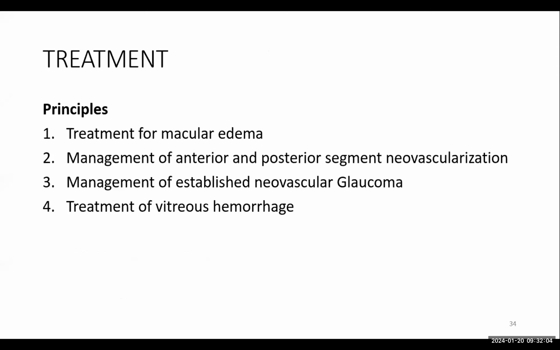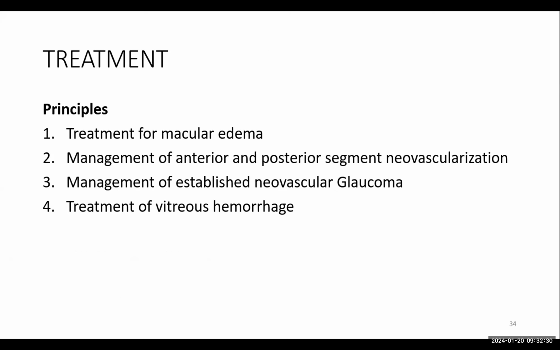Then the treatment principle or different treatment modalities. So the aim of treatment could be, one, to treat the macular edema, two, to manage the anterior and posterior segment neovascularization, and then management of established neovascular glaucoma, and then the treatment of vitreous hemorrhage that may occur as part of the complication.